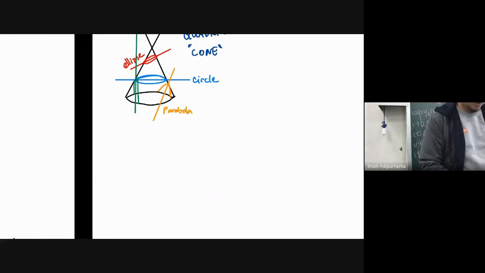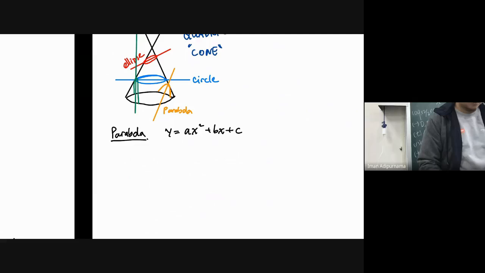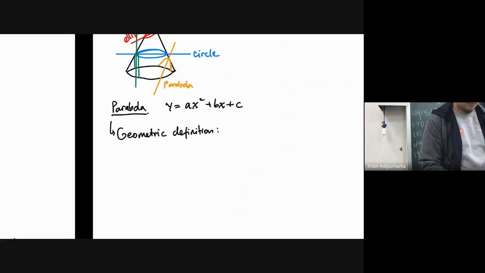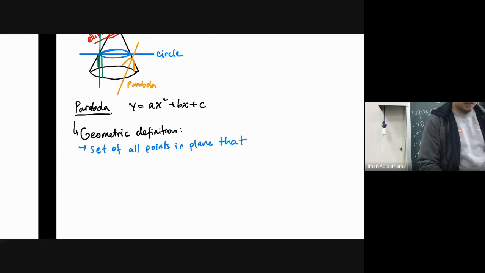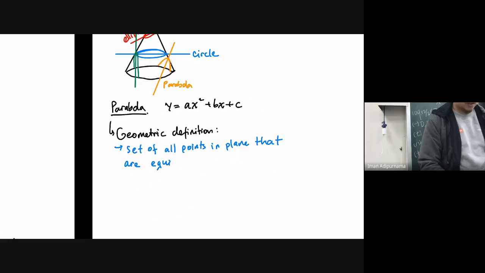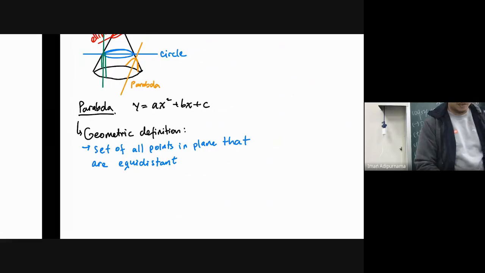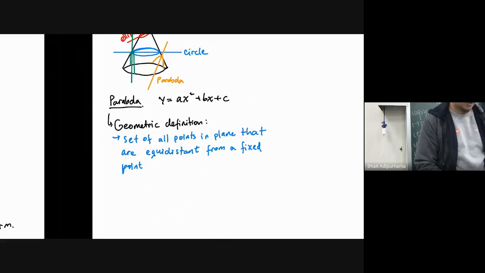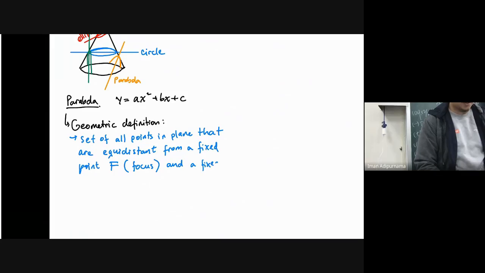Okay, yesterday I mentioned the parabola, but let me review a little bit. So parabola, you may know from this expression, but if we are using geometry, in the geometric definition, a parabola is a set of all points in a plane that are equidistant from a fixed point F, called the focus, and a fixed line.